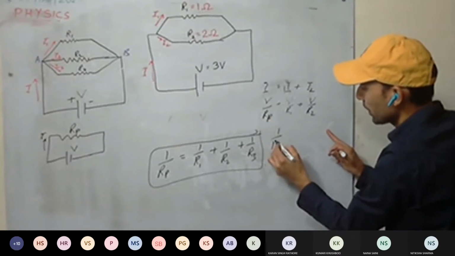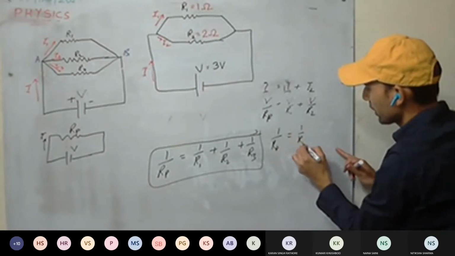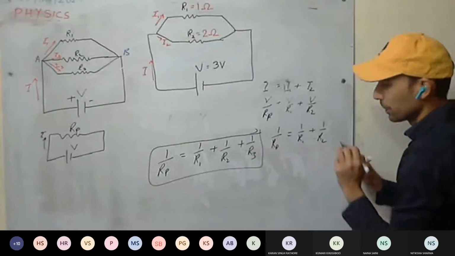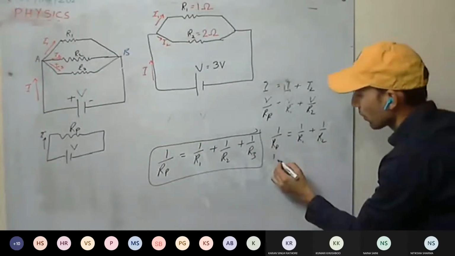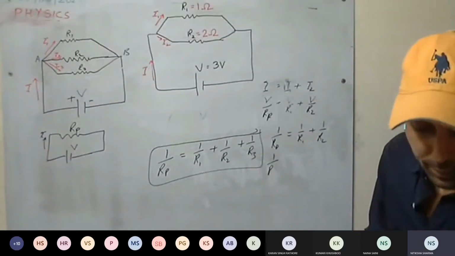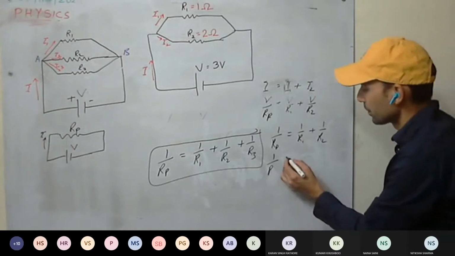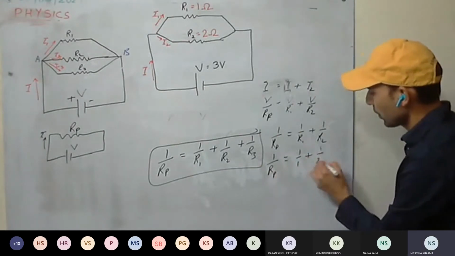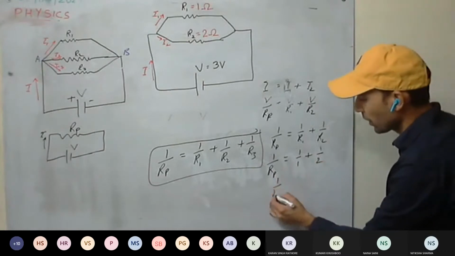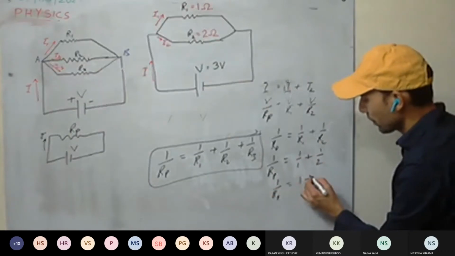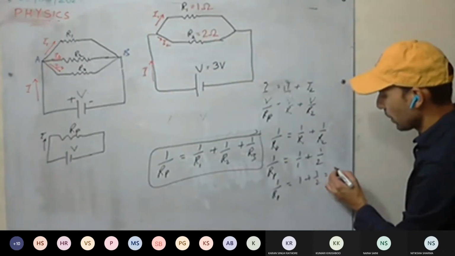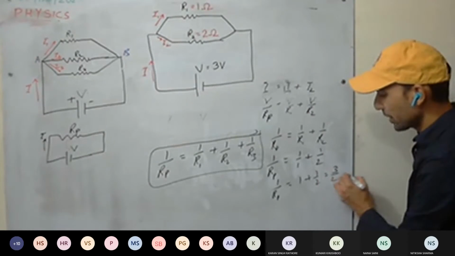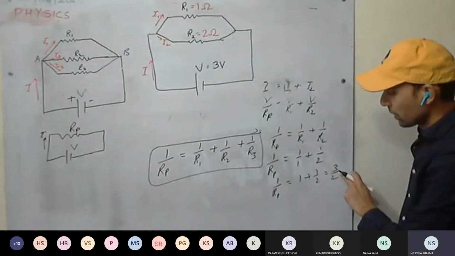So 1 upon RP equals 1 upon R1 plus 1 upon R2, which is 1 upon 1 plus 1 upon 2. 1 upon RP equals 1 plus 1 by 2, which is 3 by 2.